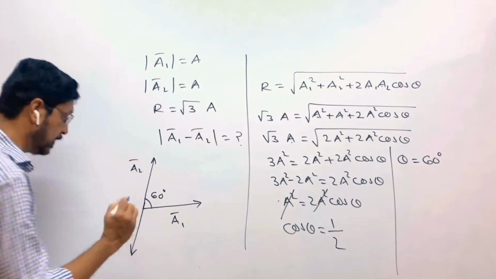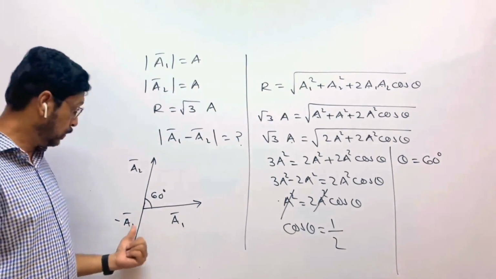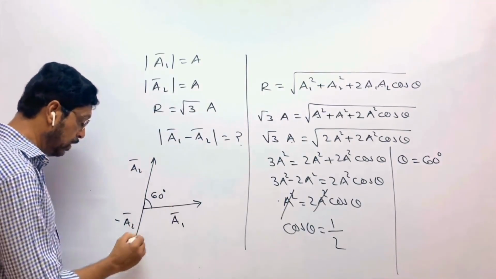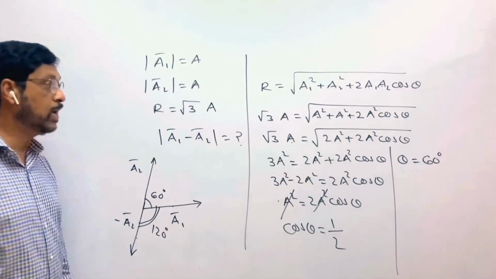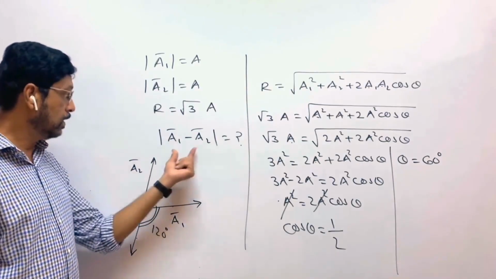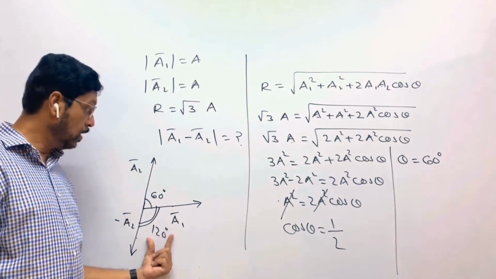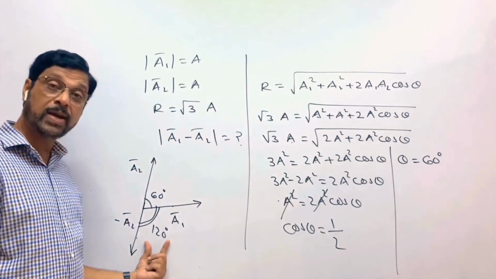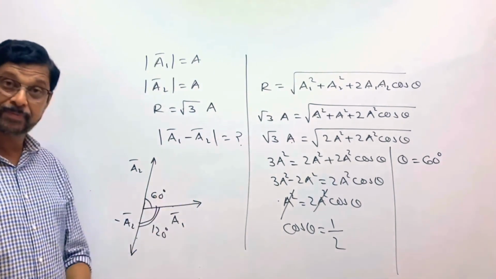We have seen this in theory. तो ये A2 है, तो ये है minus A2. तो अब A1 और minus A2 के बीच का एंगल कितना होगा? 120 degree. So now you have to find the resultant of A1 minus A2. So now the theta, which was 60, now it will become 120.